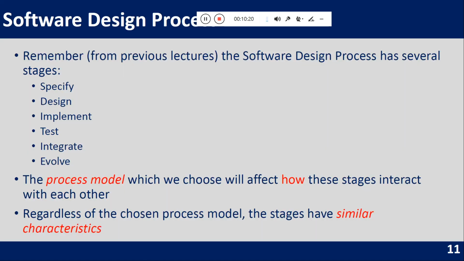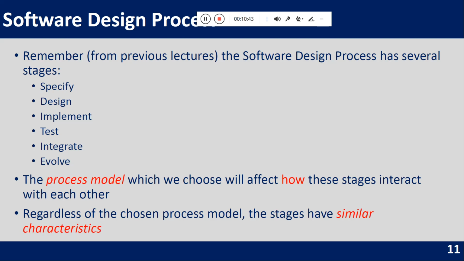And then the software design process, where we have several stages: specify the requirement, design the system, implement the system, test the system, integrate the system, and evolve them.